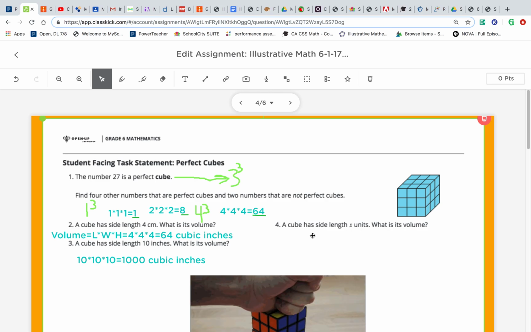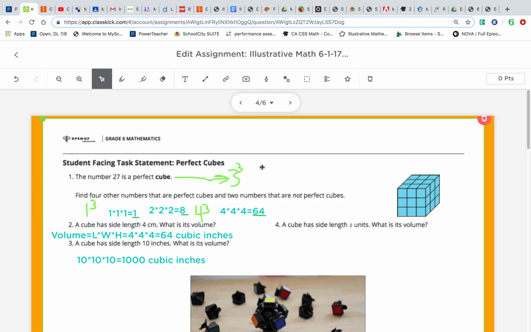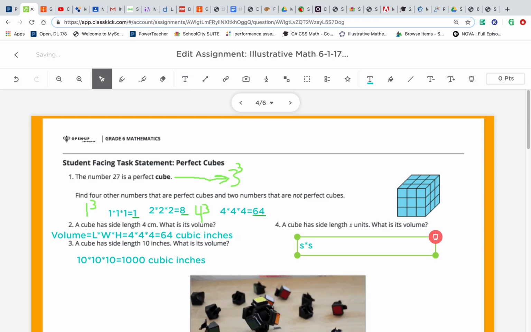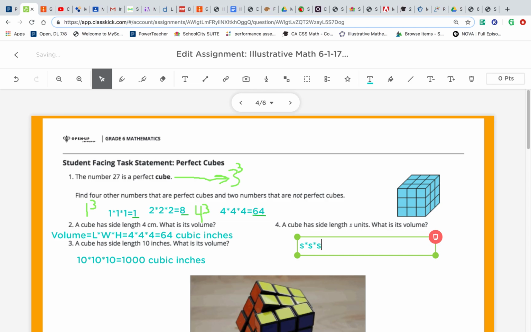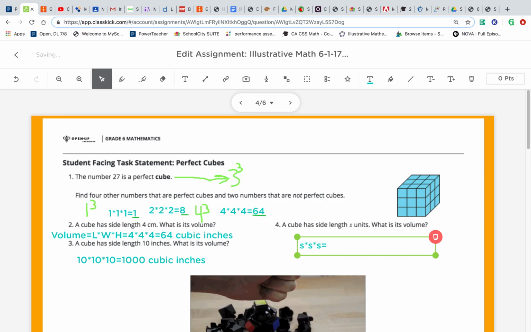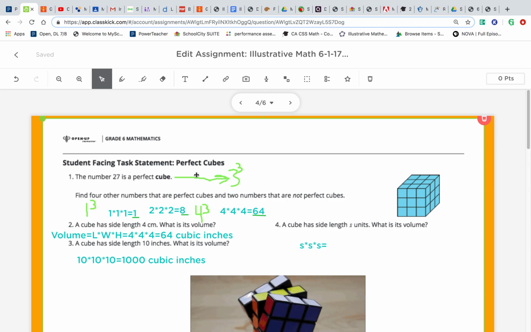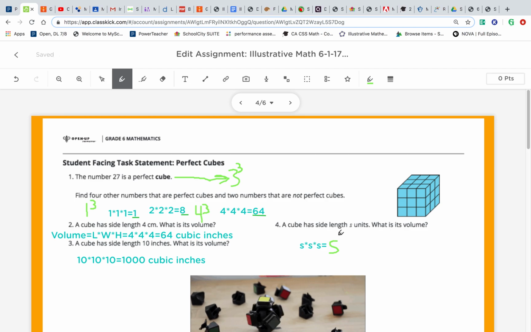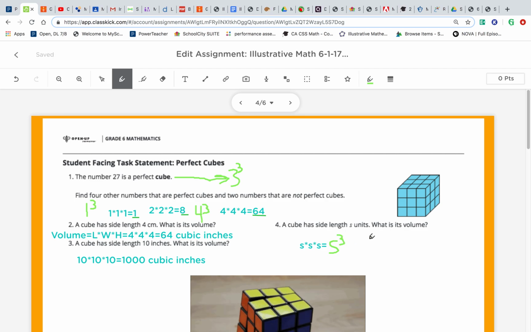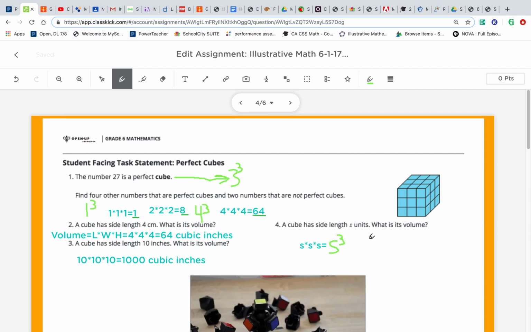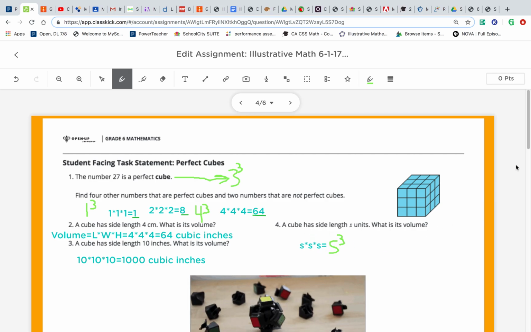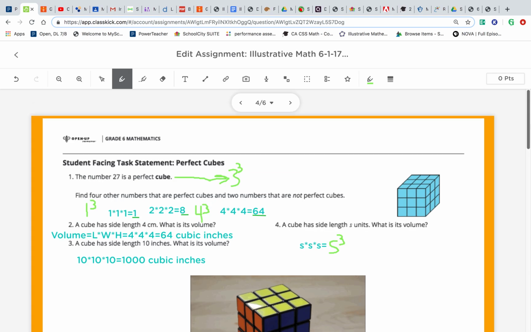We just have to use S. So it's going to be S times S times S, and that's S to the power of 3, S cubed. That has to be its volume. If we ever were to find out what S is, like we knew what S was in the case of 2 and 3, then we can come up with a number for this one. But until then, we have to leave it as it is.